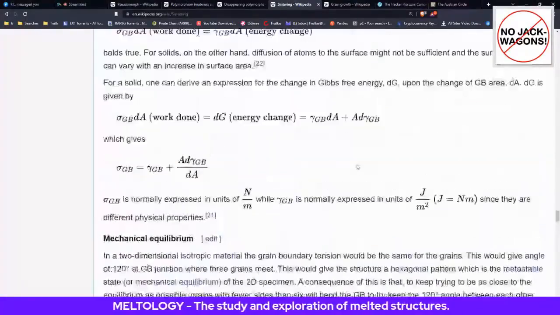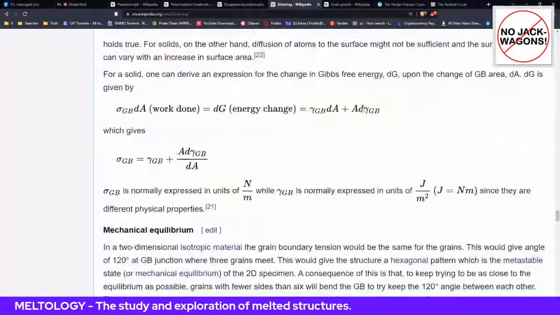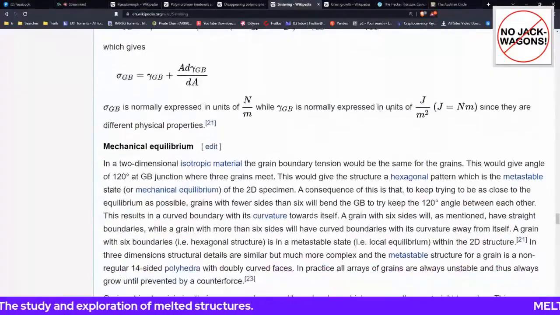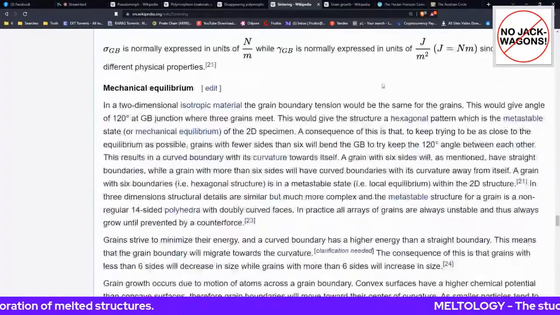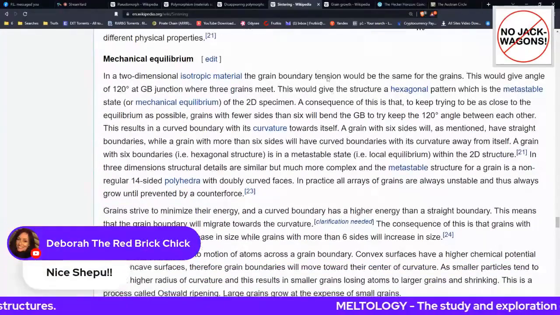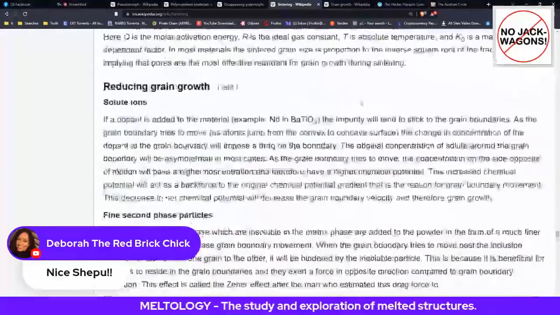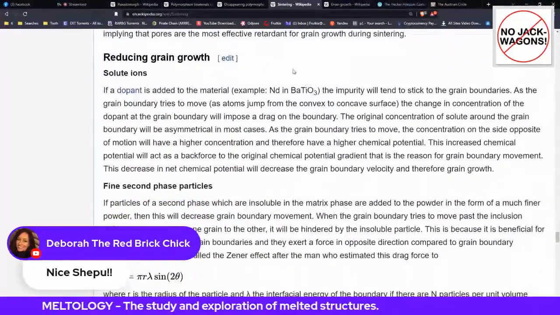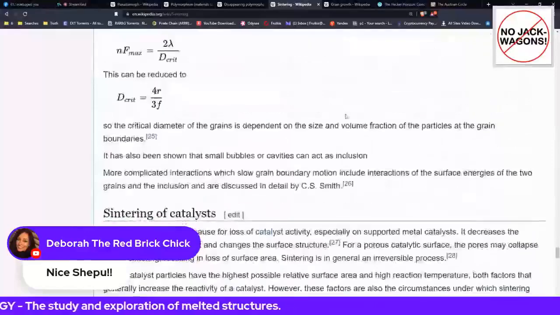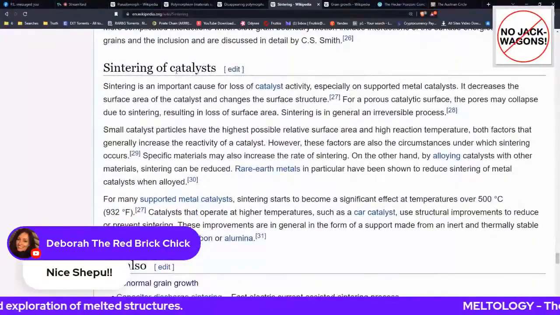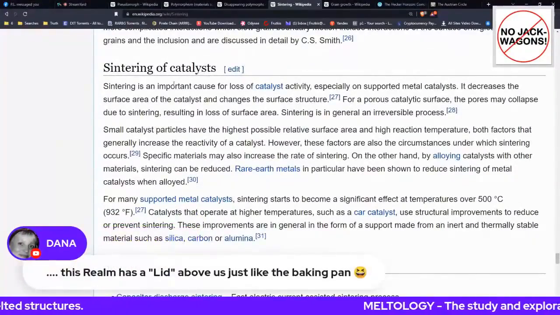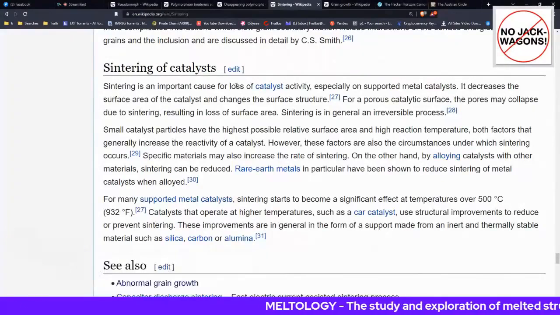So they go into these numbers, these equations, just to explain what it is. The equilibrium, I think I've covered. The sintering of catalysts, that's what causes this sintering.